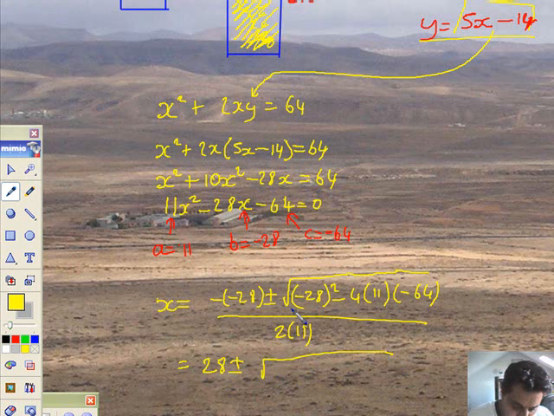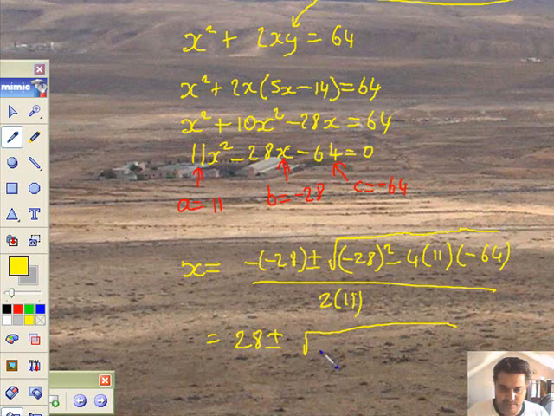So that bit comes to 784, and then I've got to do 4 times 11 times 64. Of course it's a minus times a minus, it becomes a plus, and that's going to be plus 2816, and then divide all that by 22.